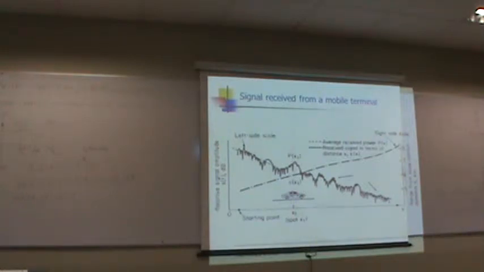In other words, if the 2 points are at a distance greater than the coherence distance, they will be uncorrelated.